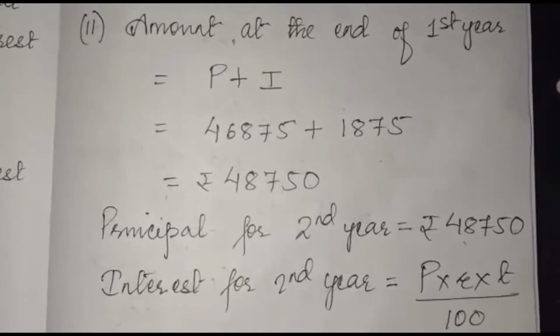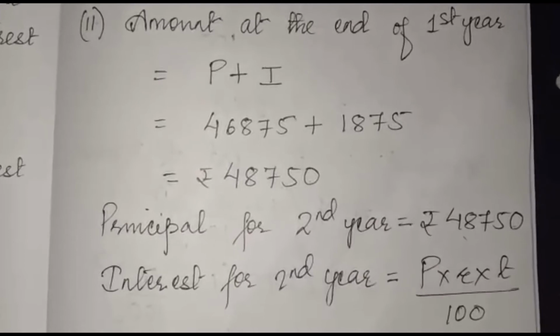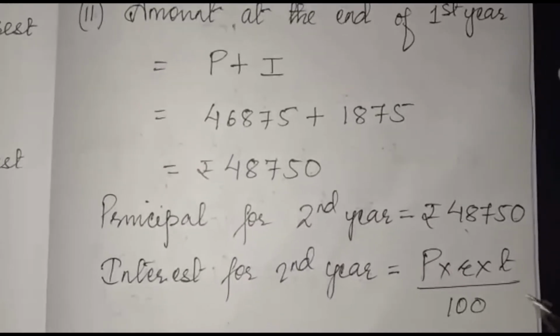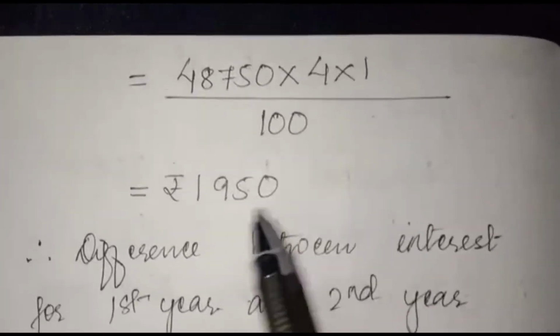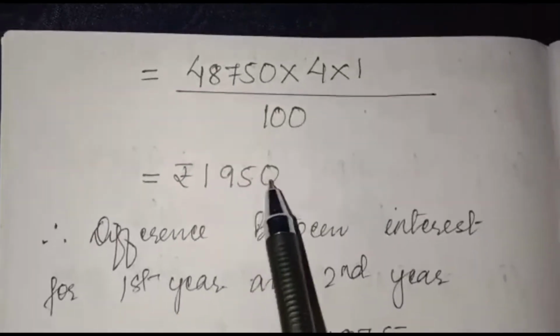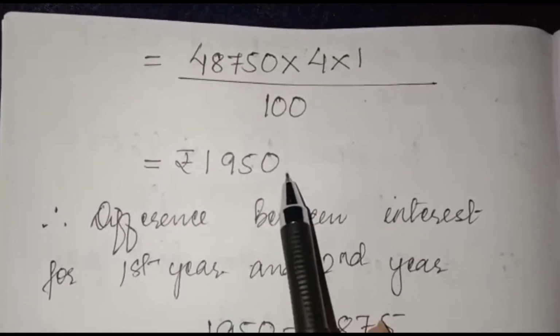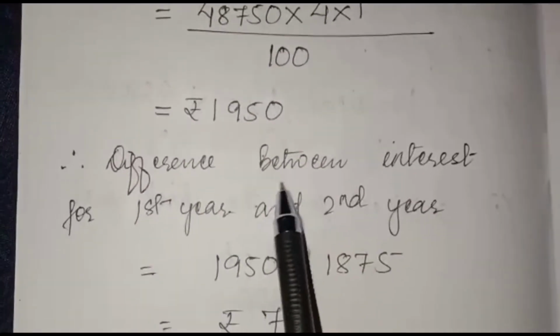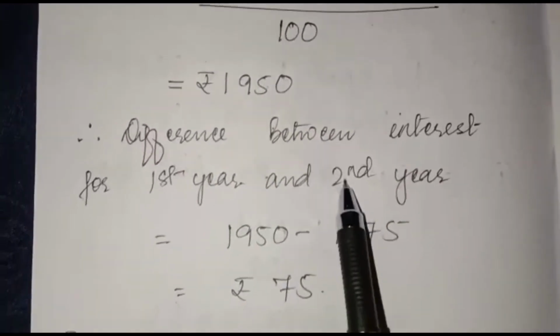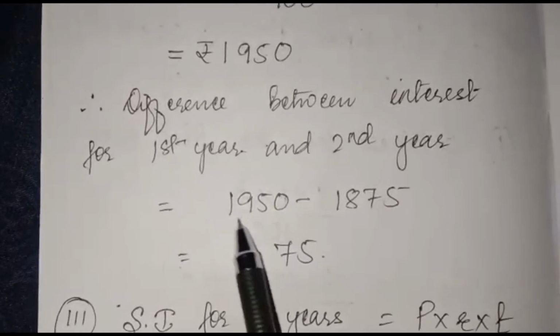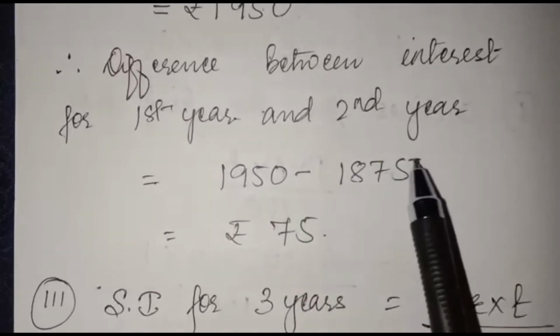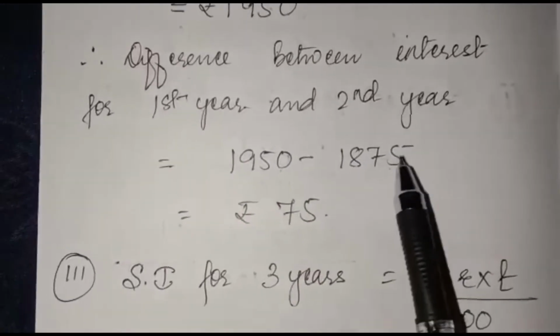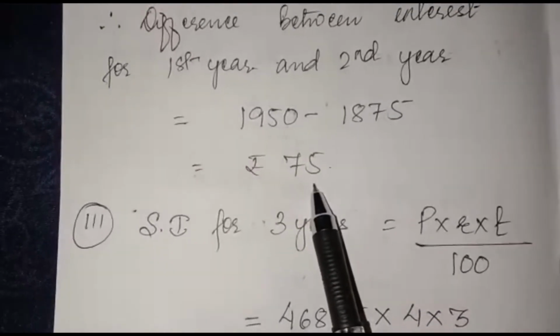For 1 year, simple interest and compound interest are equal, so we will use the simple interest formula. On solving you will get 1950. So this is the interest for the second year. Now the difference between interest for first year and second year: for second year it is 1950 and for first year it was 1875. So their difference is 75.